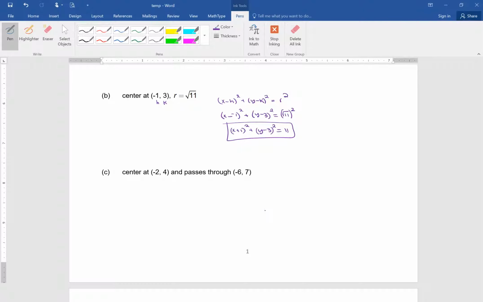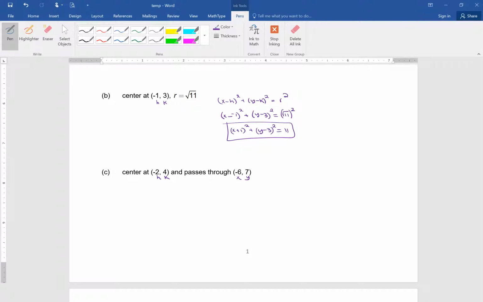What are they? h and k. So what about the other one then? All right, so this is h and k. And if it says it passes through these points, those are your x and y. What information am I missing? I'm missing the radius.